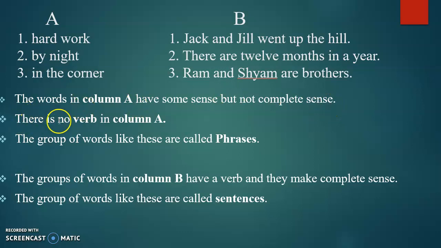There is no verb in column A. The group of words like these are called phrases. And the group of words in column B have a verb and they make complete sense. The group of words like these are called sentences.